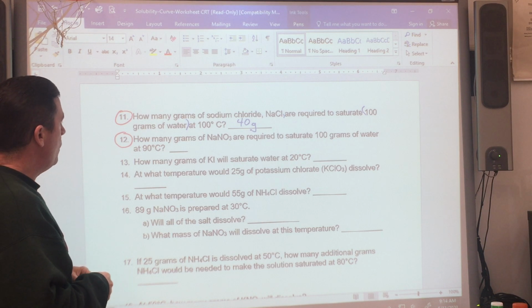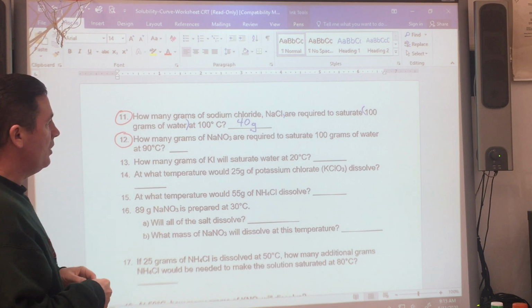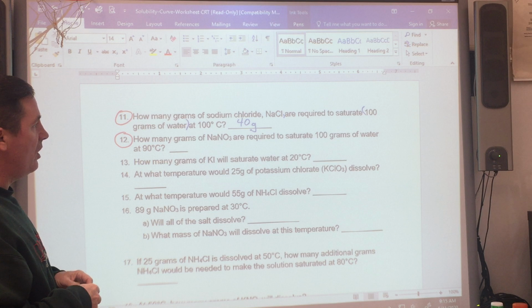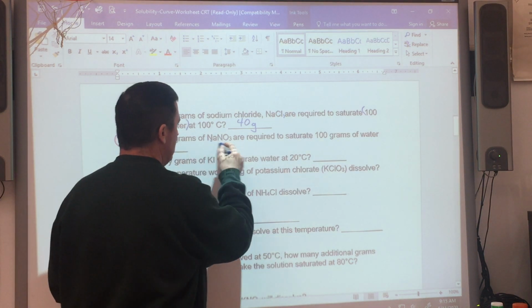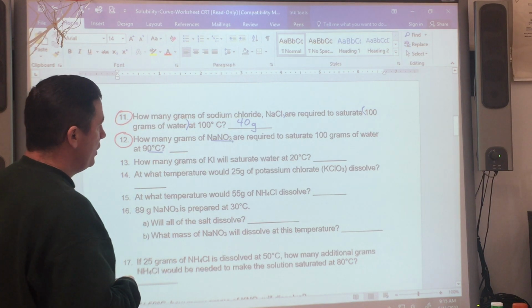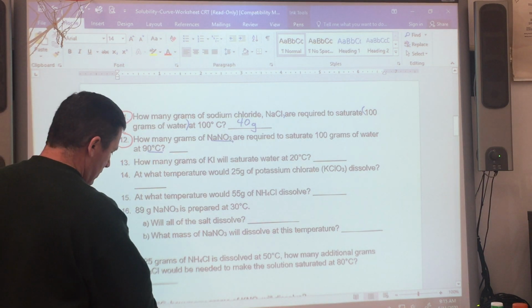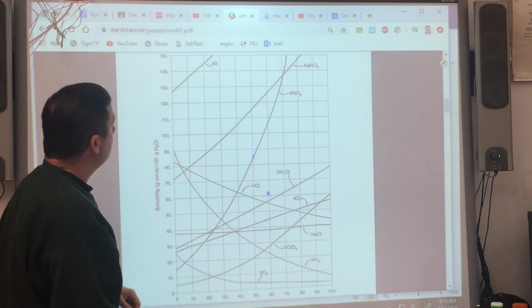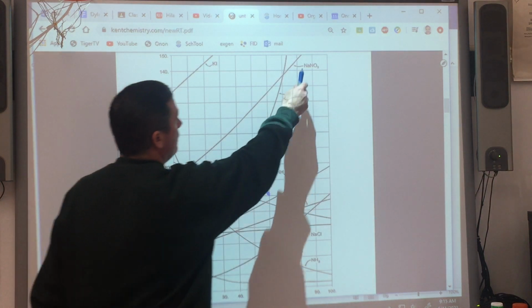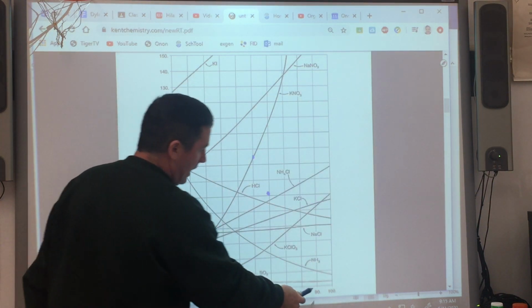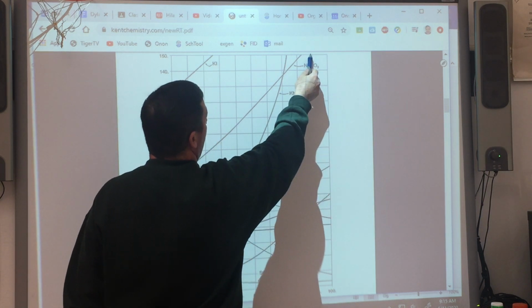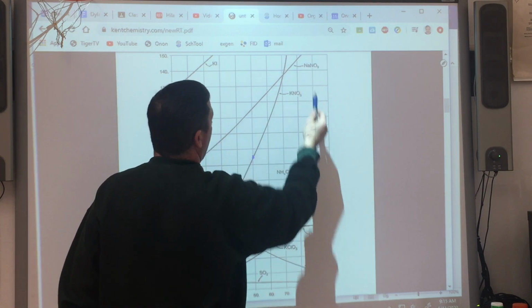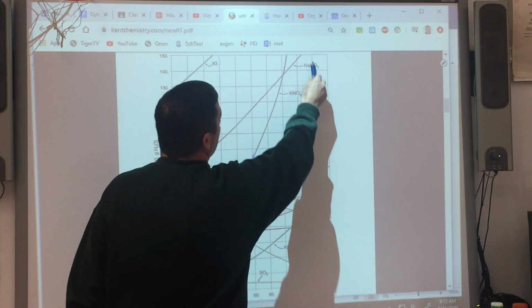All right, last one here, 12. How many grams of sodium nitrate are required to saturate 100 grams of water at 90 degrees? So we're looking at 90, and we're looking at sodium nitrate. Sodium nitrate's way up here, and 90 is here. Now wait a second. It doesn't even hit the line. So how would I answer this?